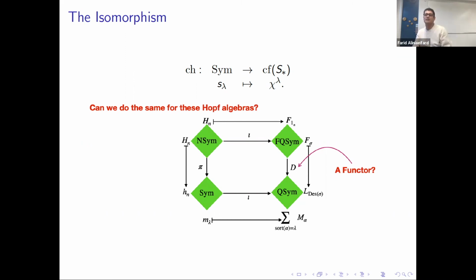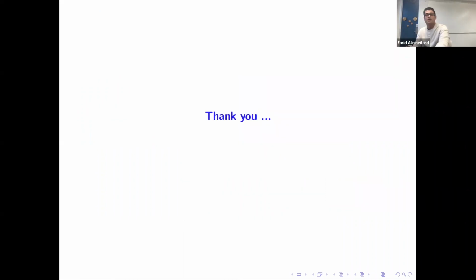However, it is still not known how we can translate these descent functions from Malvenuto-Reutenauer to quasi-symmetric functions as a functor. Still, we don't know that one. I will talk more in detail about this diagram in the next talk. So thank you very much, and if there is any question, please.